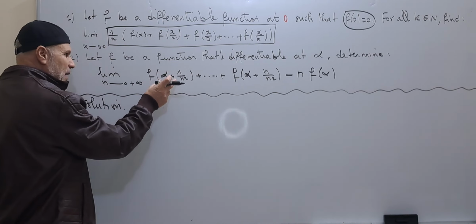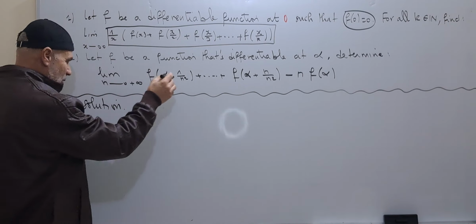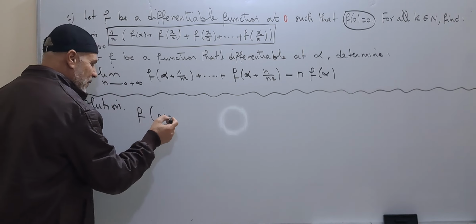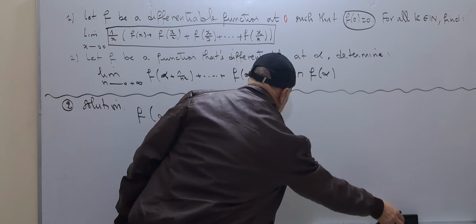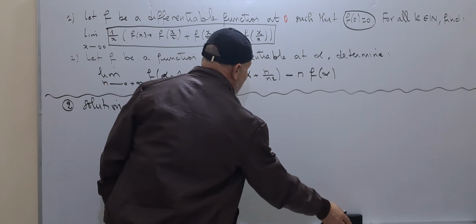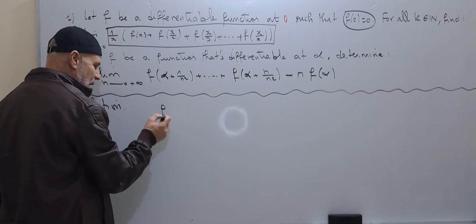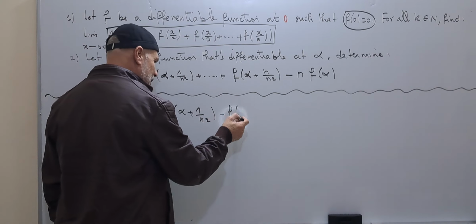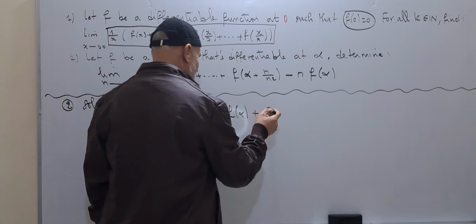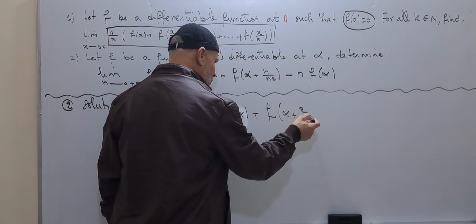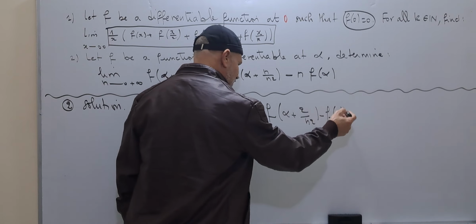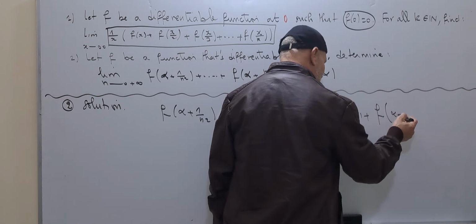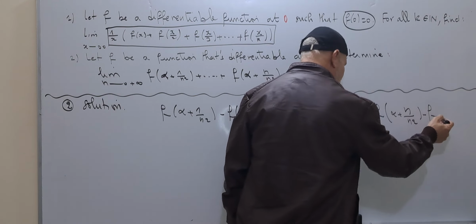What we can do here is manage this by writing it as f of alpha plus 1 over n squared minus f of alpha, plus f of alpha plus 2 over n squared minus f of alpha, plus, the last one, f of alpha plus n over n squared minus f of alpha.